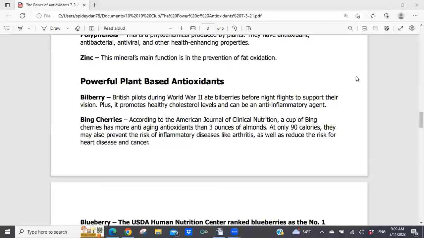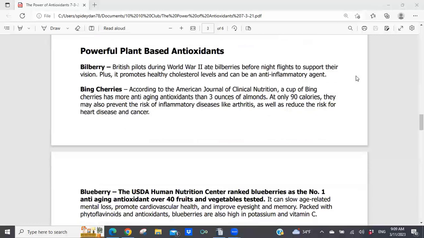Now, when we come to plants, there are a lot of plants that can be great sources for antioxidants. And as I go through this list, I think you will see that many of these plant source antioxidants are in Mistica. So we have bilberry, we have Bing cherries, we have blueberries.